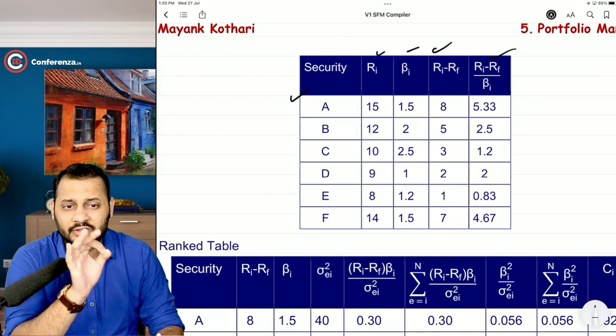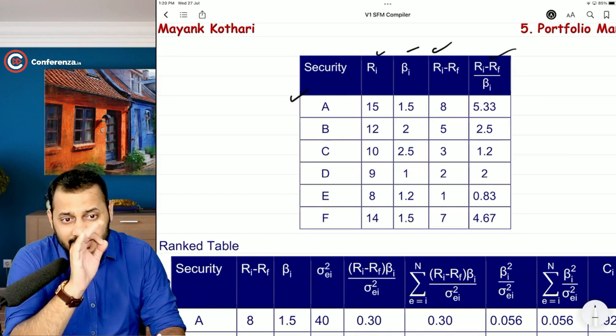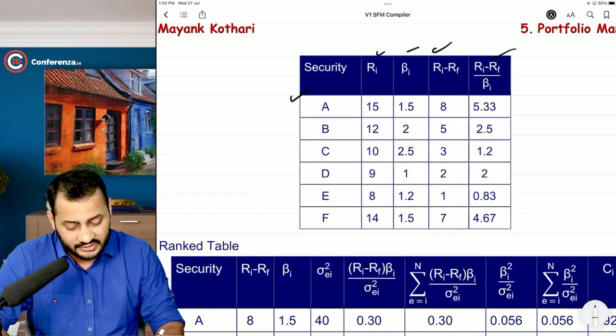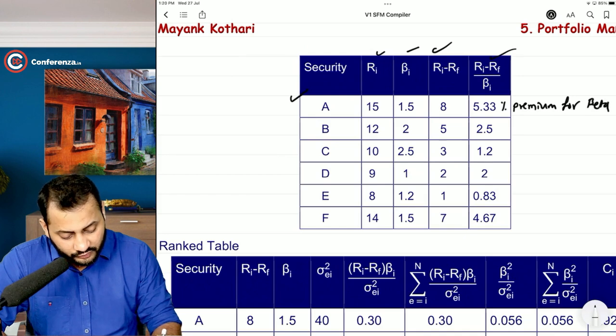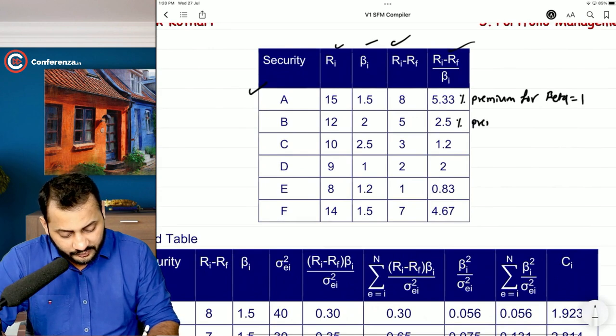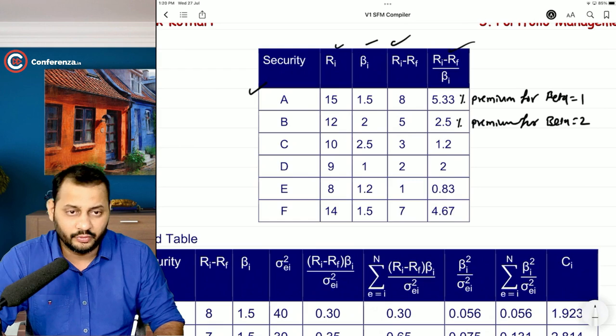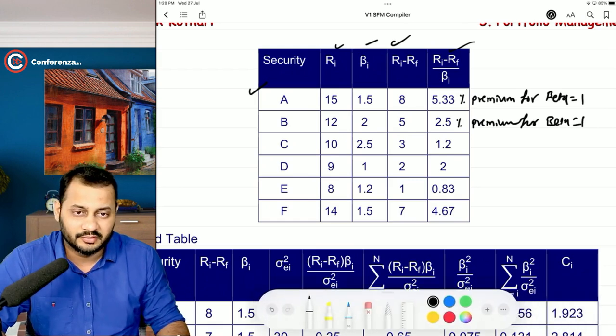Put the values and you will come to the conclusion that these are the Treynor ratios. Now this is 5.33% of premium you are getting for a beta value of 1. You are getting 2.5% of premium for a beta value of 2.1.